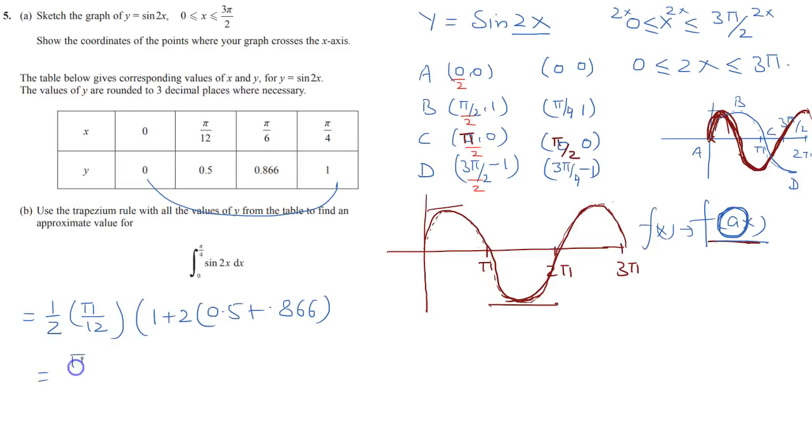So that will be pi over 24, and this is 1 and 1.732, and this is 3.732. So this will be 0.488.